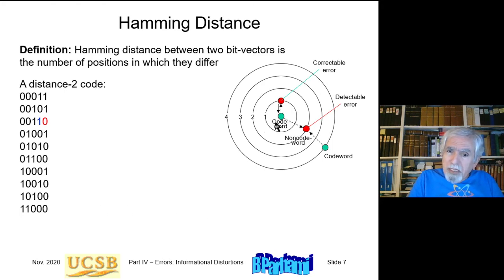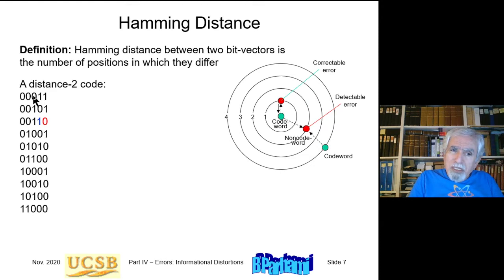Okay, so here is the notion represented graphically. So if I have a code word, this green circle in the middle, all the words that are distance 1 from it are here, okay? So if I take this code word at the top, there are 5 words that are distance 1 from it. I can change this one to 0, I can change this one to 0, that's the second.